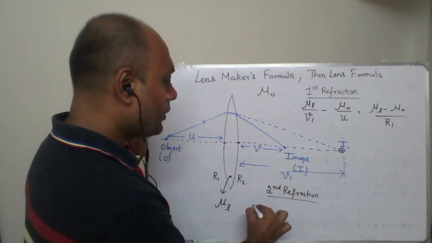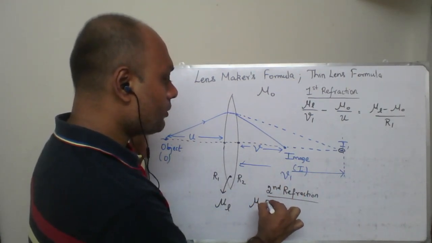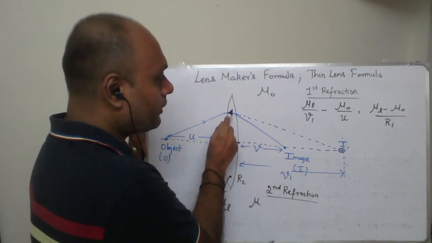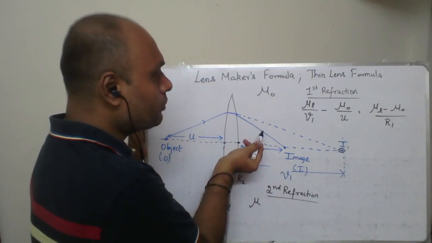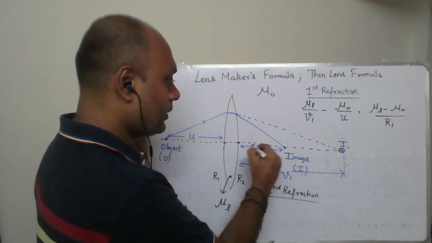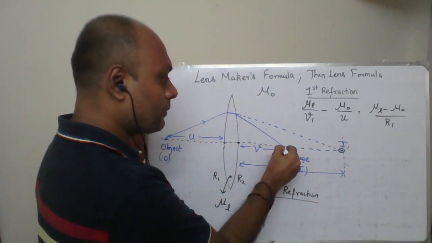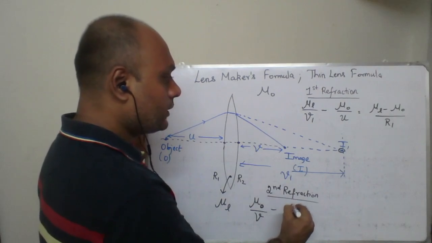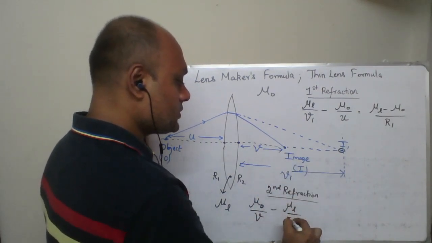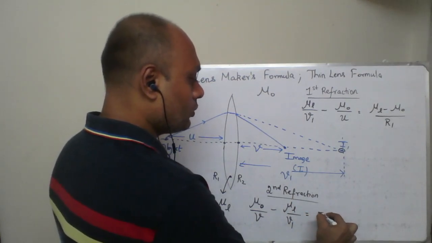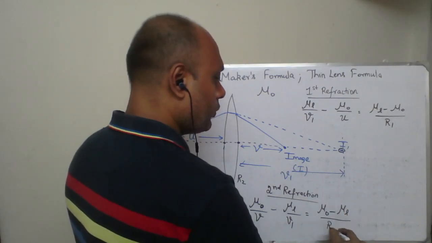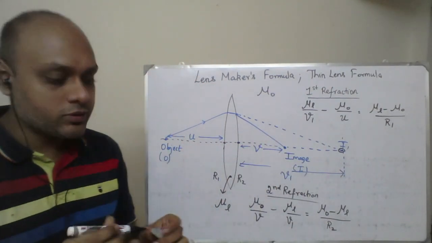So if we do that, what I am going to get is, now for the refraction, the incident ray is in mu L, and the refracted ray is in mu naught. So the second medium is mu naught. So mu naught divided by V, that is where the image formation takes place after the second refraction, minus mu L divided by the object distance V1, equal to mu2 minus mu1 divided by, note, I am just putting R2, I have not substituted the sign.